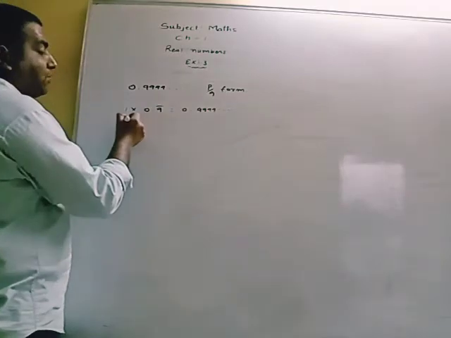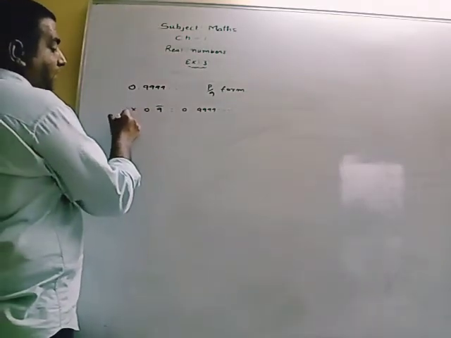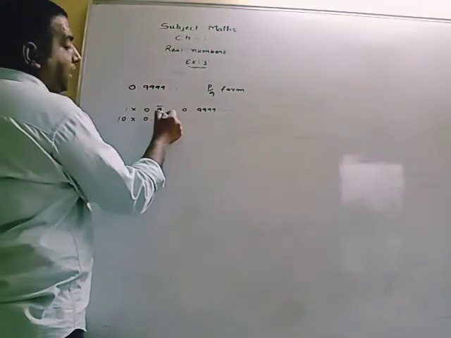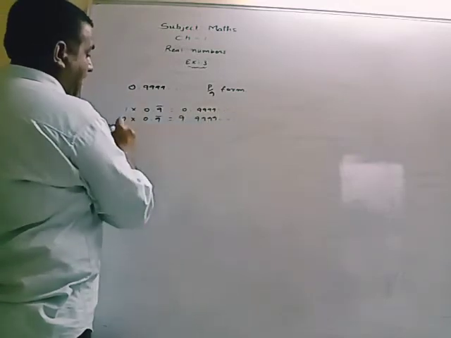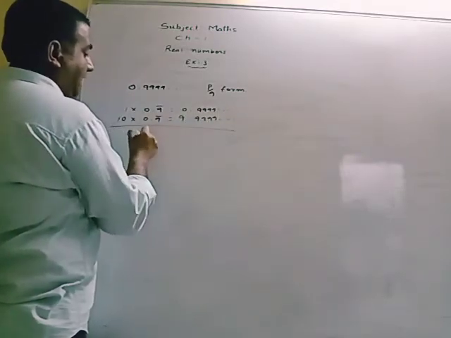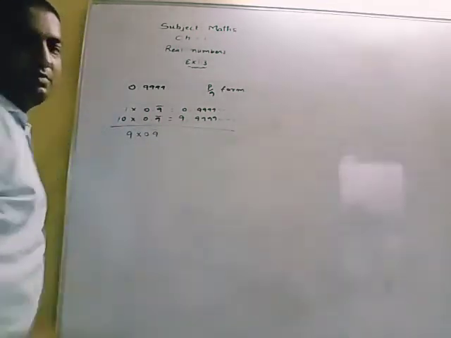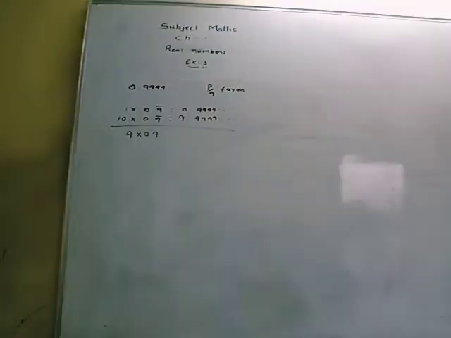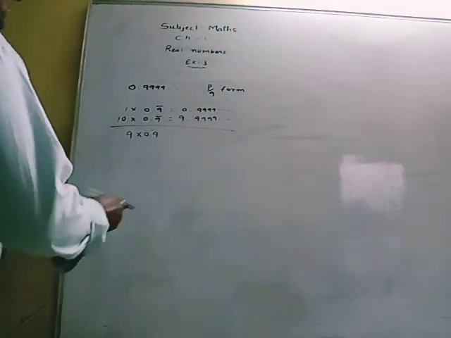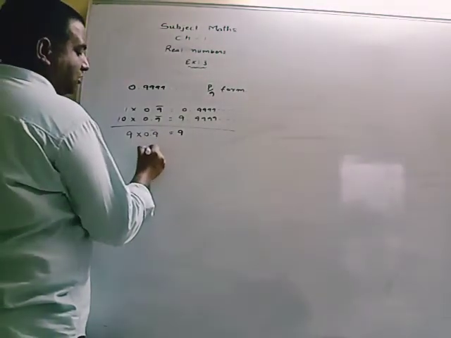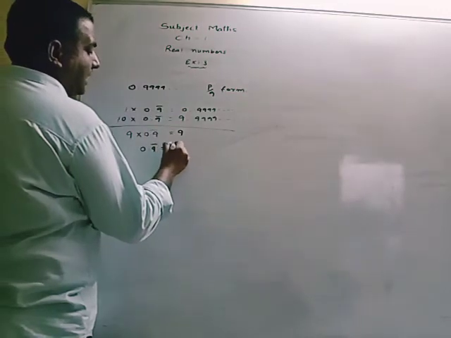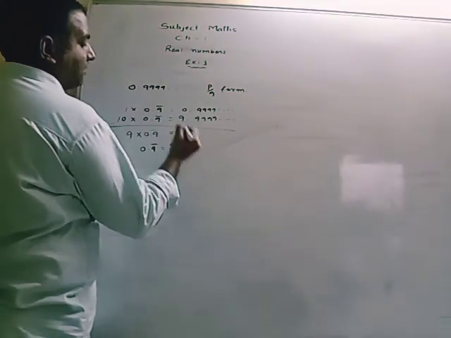Now one digit we move back, then here it will be 10 into 0.9 bar equals 9.99999, and so it will be 9 into 0.9 bar equals 9, and so 0.9 bar equals 9 divided by 9, which is 1.